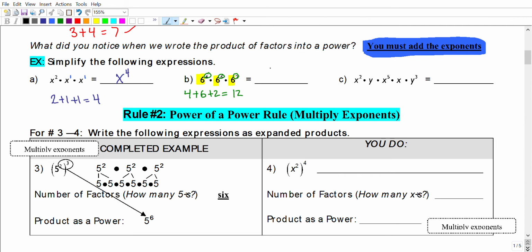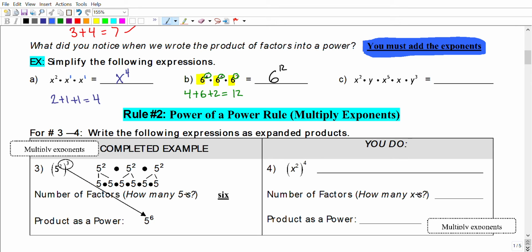So my final answer here is 6 to the 12. You can figure out what 6 to the 12th is in your calculator, but it's quite a large number. I don't think we want to figure that out right now. For now we just want to make sure that you can figure out that if we have the same base, we have to add the exponents.